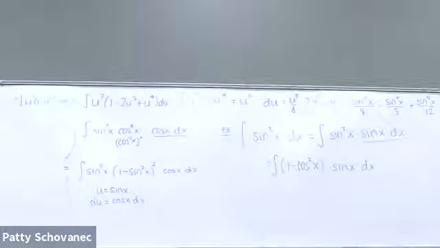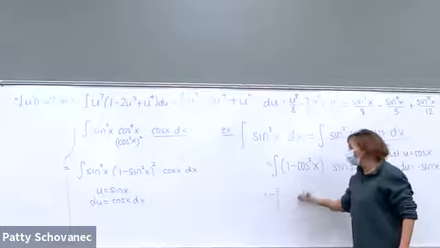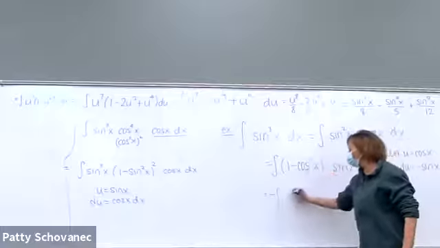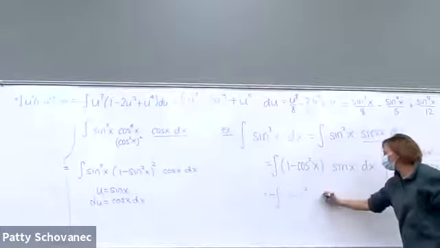Take u to be the cosine, du is minus the sine. So you're going to get minus this integral, 1 minus u squared times du.